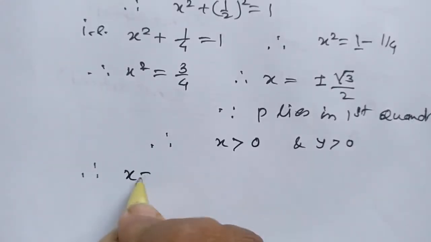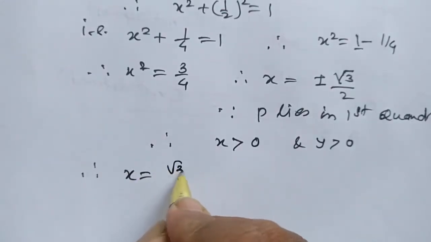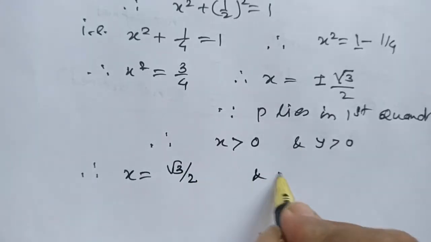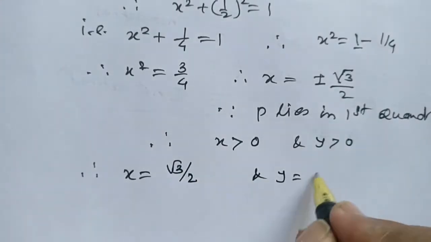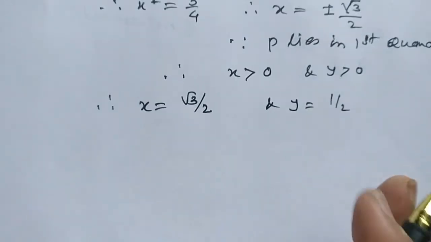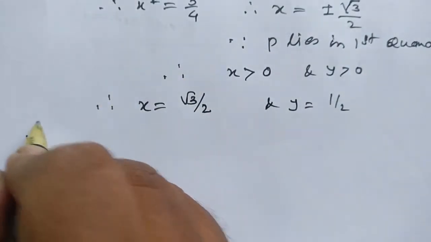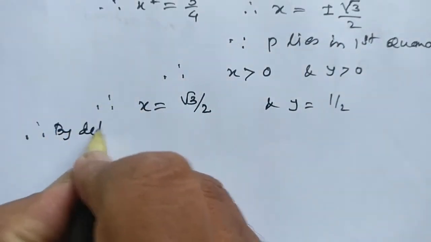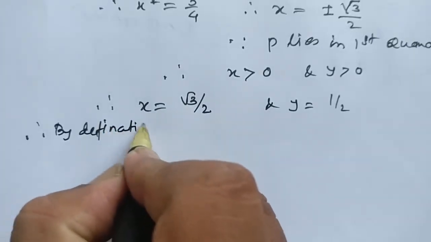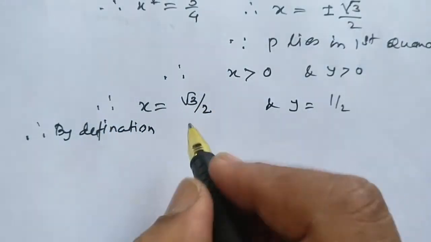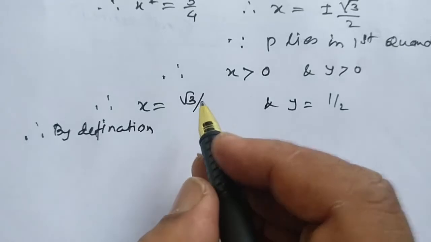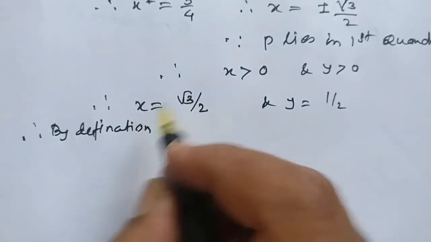Therefore, we get x is equal to root 3 by 2 and y is equal to 1/2. Therefore, by definition, x is equal to cos of 30 degree.